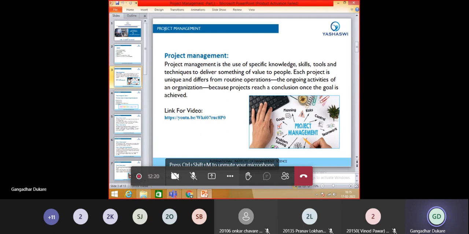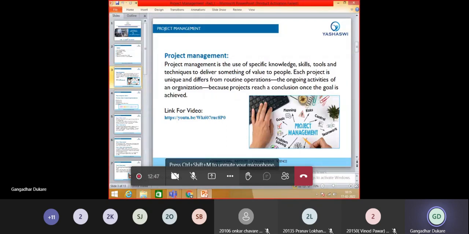Road transport operations, various manufacturing operations, various renewable energy source installation plants, all these are examples of project management. They use specific knowledge, skills, tools and techniques to deliver something of value to people.